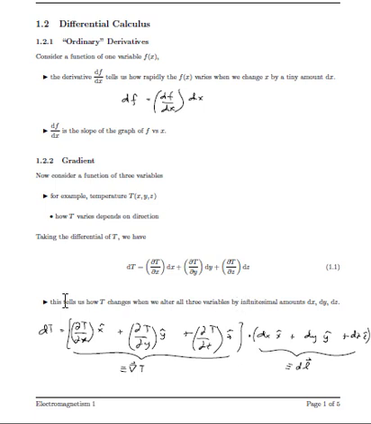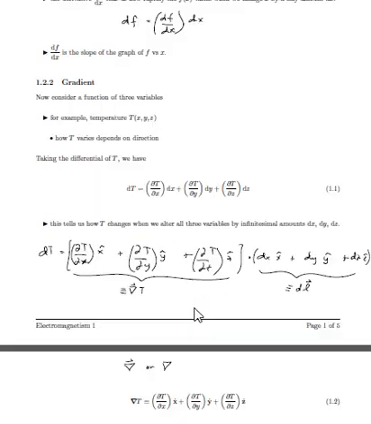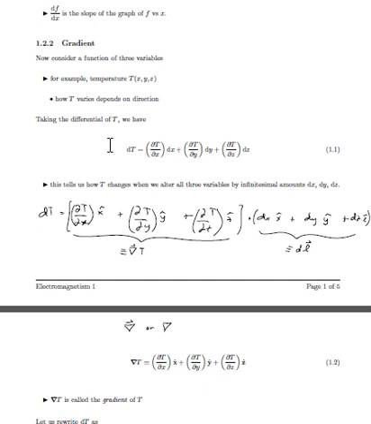So this equation now tells us how function t varies when we vary its parameters by a smaller variation. This equation here is taken from the definition of the dot product.